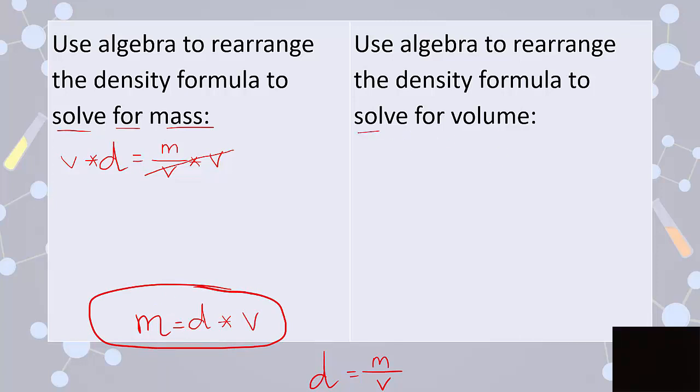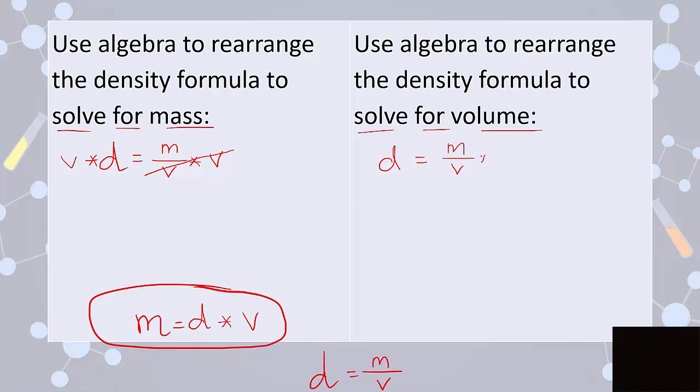Now we're going to do the same thing to solve for volume. So we start with our density formula. Density is mass over volume, okay? For this one, we need to solve for volume, but the volume is down there in the denominator, and we don't want it to be in the denominator.